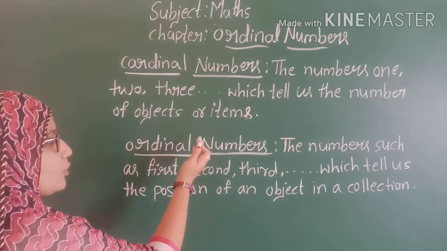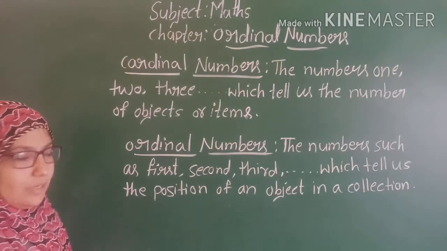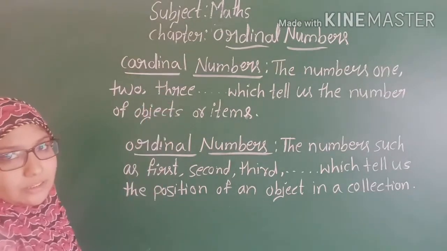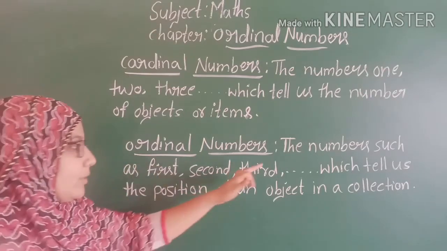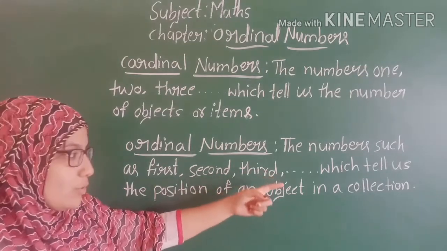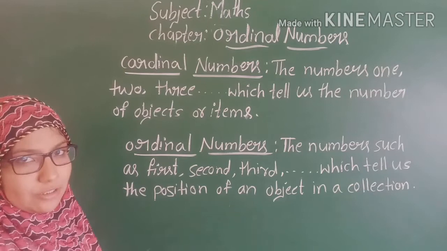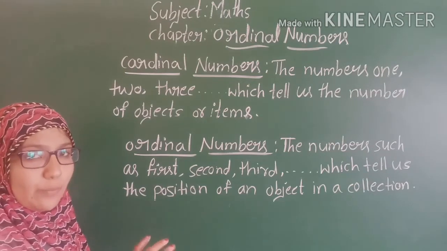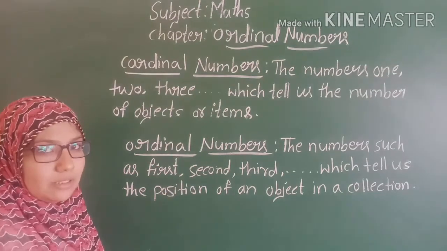Now, ordinal numbers are numbers such as first, second, third, fourth and so on, which tell us the position of an object in a collection. So it shows the position of the objects. That is called ordinal numbers.